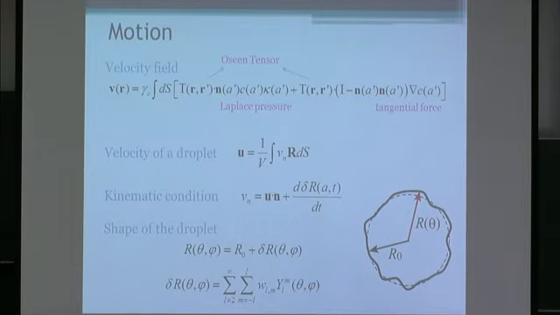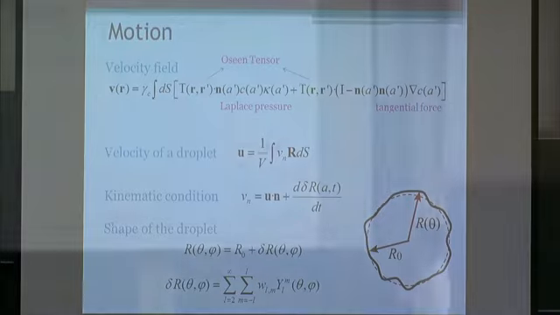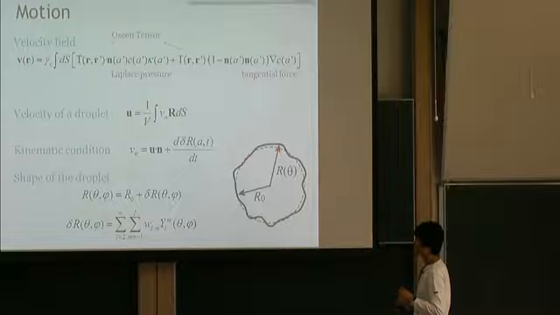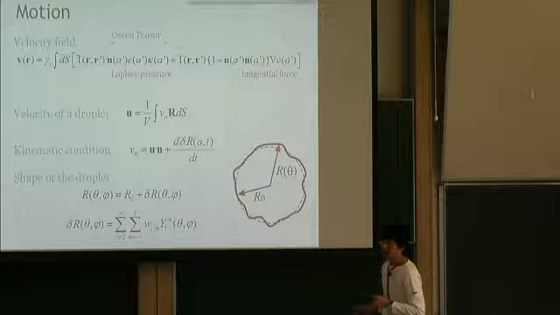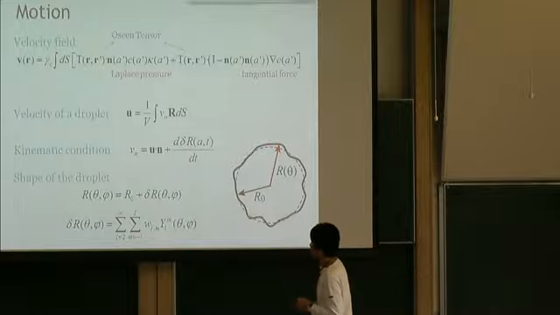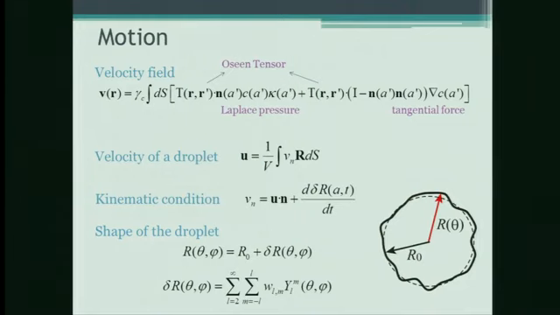And we expand the shape from some reference state, which is a spherical shape with some deviation, delta R, and the delta R is also expanded in terms of spherical harmonics. And therefore, this equation is the equation of motion of the amplitude of deformation, WLM. So in principle, we can get the equation for the WLM and the velocity of the droplet.